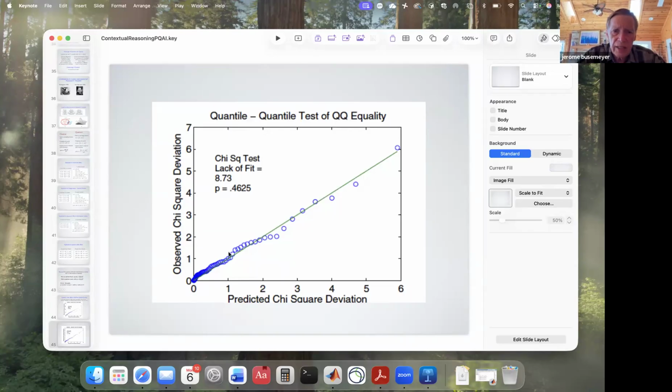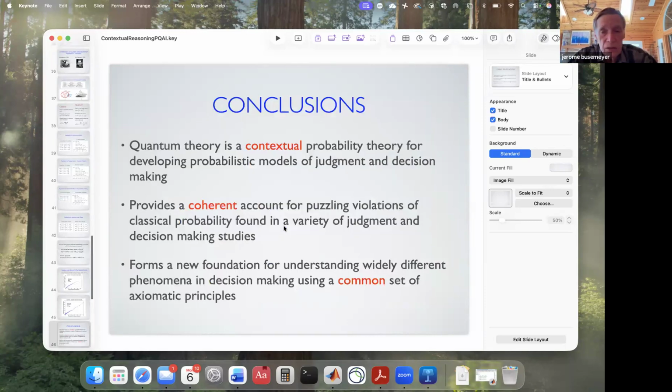And the observed chi-square lines right up on the line of the predicted chi-square for the QQ equality. This is across about 80 different national surveys that looked at question order effects. So we've had a strong a priori quantitative prediction that's been satisfied. And that's a pretty strong test of the theory, stronger than any I've seen in social sciences.